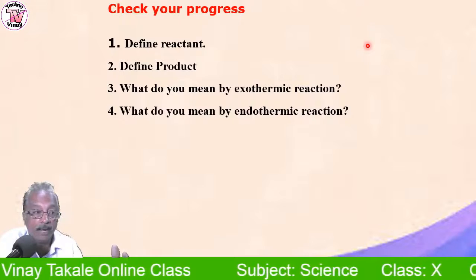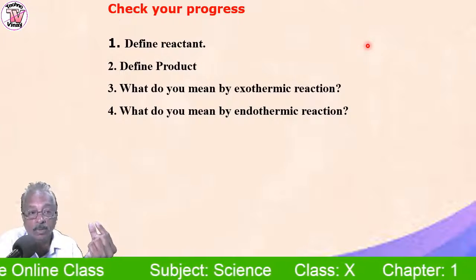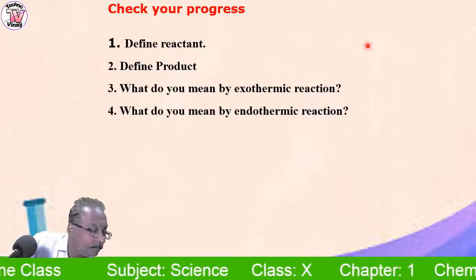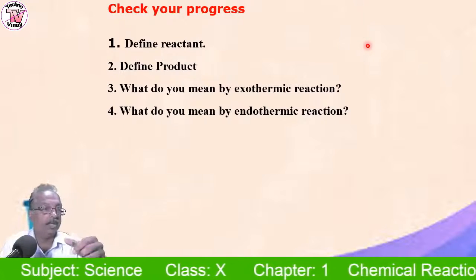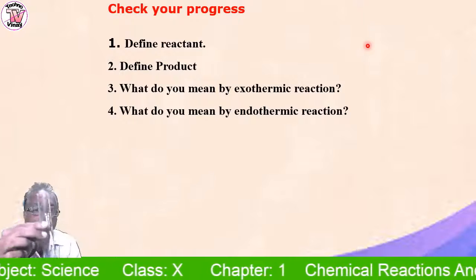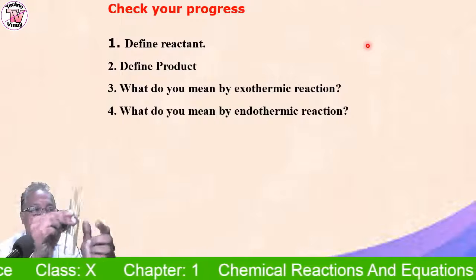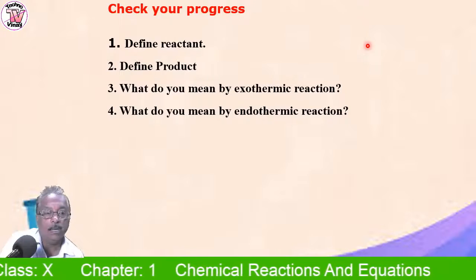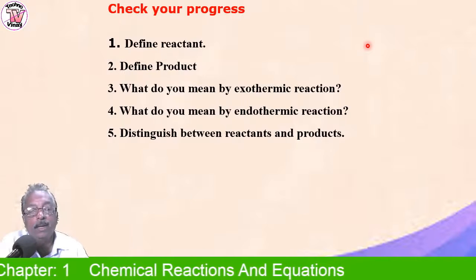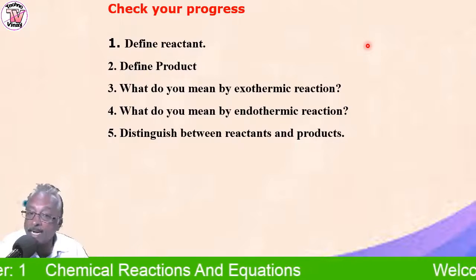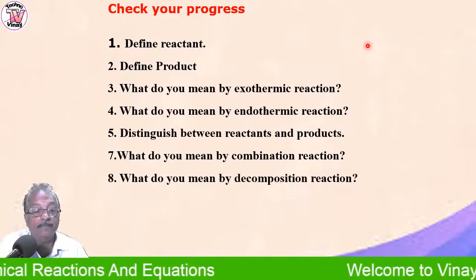If you touch the outer part of the test tube, it is cool. Follow, no? So if you just touch the outer part of your test tube, it is quite cool. It is not hot. So such a reaction is known as endothermic reaction. Second, what is the difference between reactants and products? What do you mean by combination reaction?